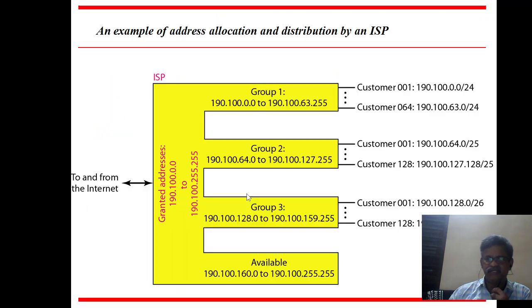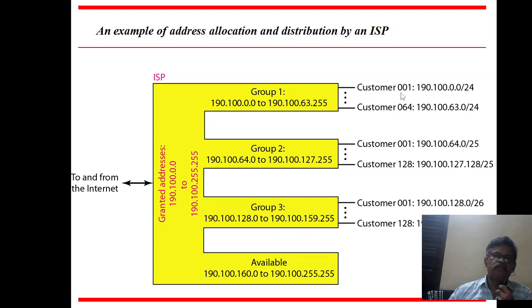So this ISP is granted a portion of addresses like this, and it divides them into groups.